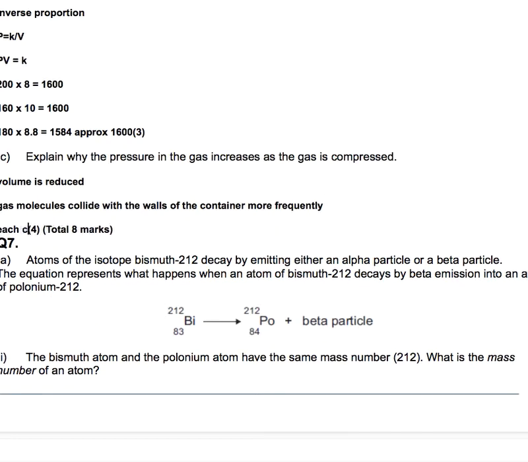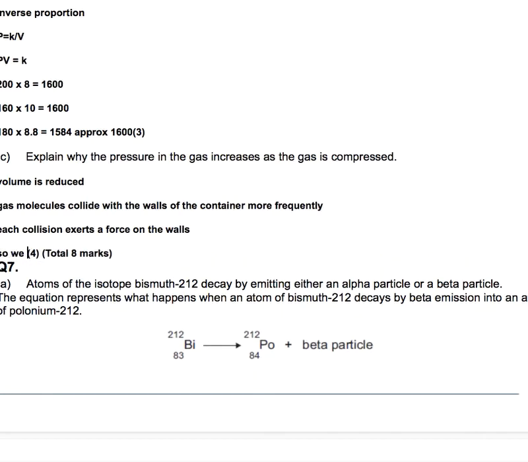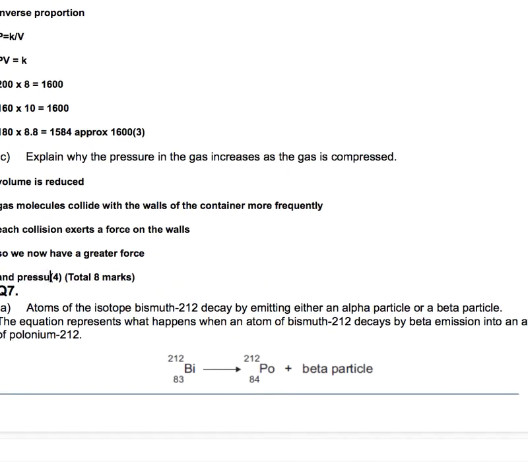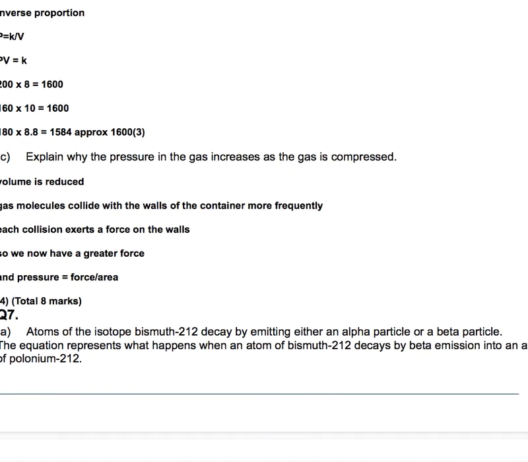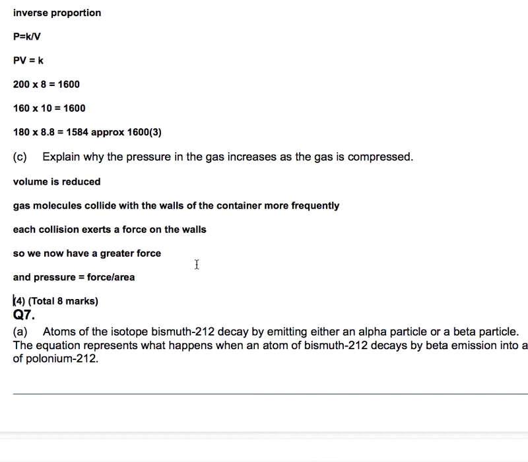And of course, each collision exerts a force on the walls. So we now have a greater force, and pressure equals force divided by area. So there's my answer.